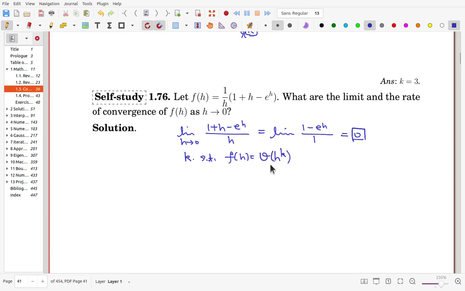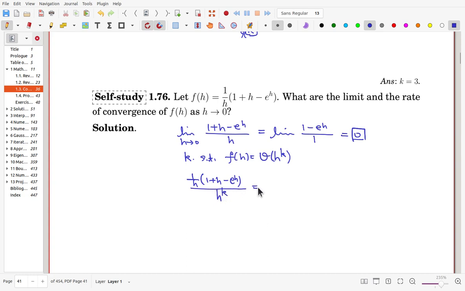So let's do it. Now, f of h is (1 plus h minus e to the h) over h, to the k.